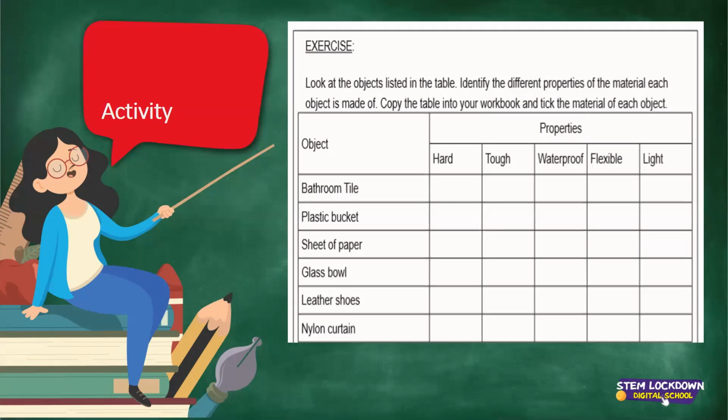Is it tough? Is it waterproof? Is it flexible or light in weight? When we speak of light in terms of properties, we are speaking of light in terms of weight, not the light that you see.